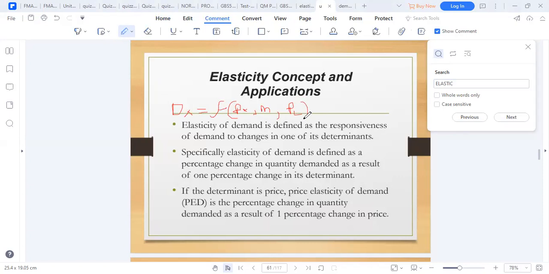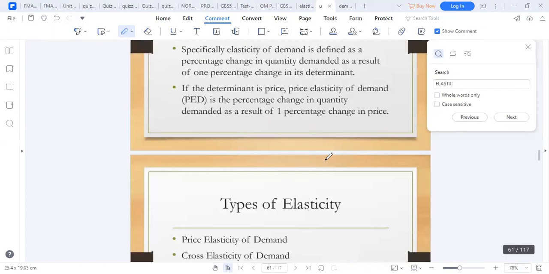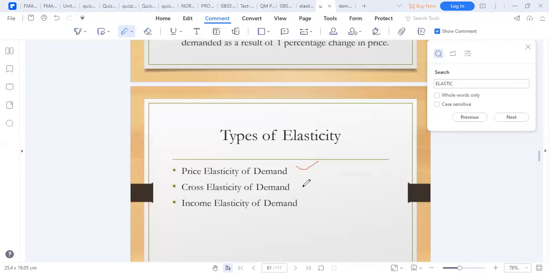So elasticity is the responsiveness that demand has with changes in the factors. So what is price elasticity of demand? What is income elasticity of demand? So let me explain. There are 3 types. There are more than 3, but for your syllabus, I'll just dwell on these. There's price elasticity of demand, cross price elasticity of demand, and income elasticity of demand.